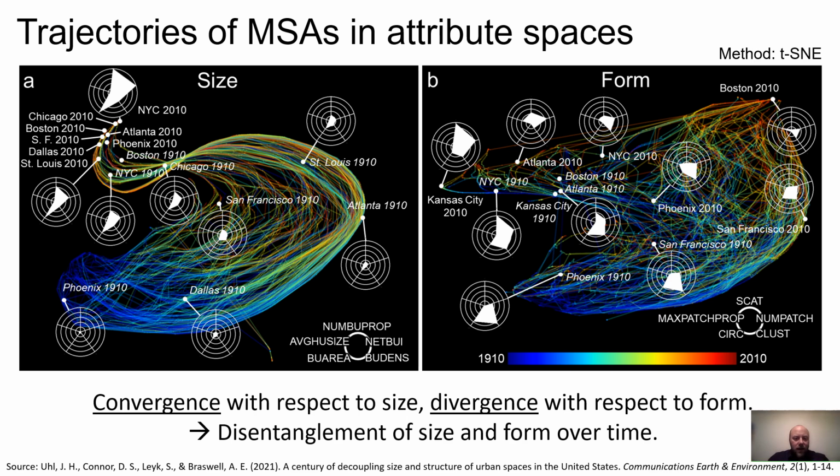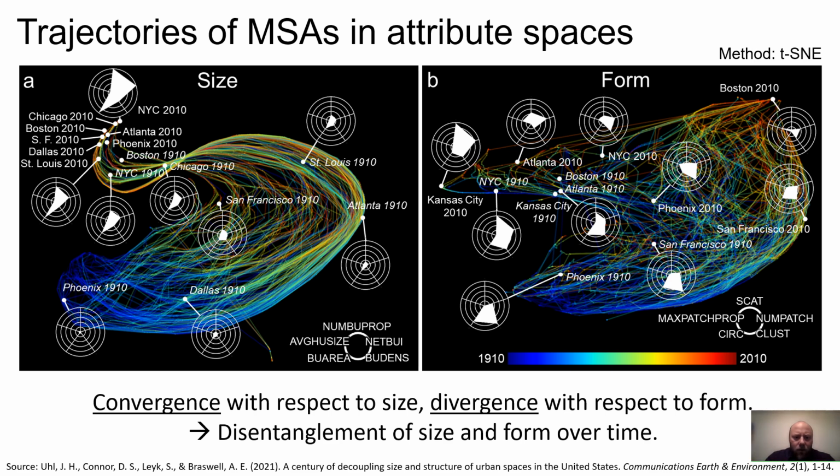For each city, we have x and y for each point in time, so we can connect the data points that belong to a specific city over time, starting in 1910, which is blue here, to dark red, which is 2010. And we can basically visualize these 60,000 data points in this visualization here. And this is quite interesting.